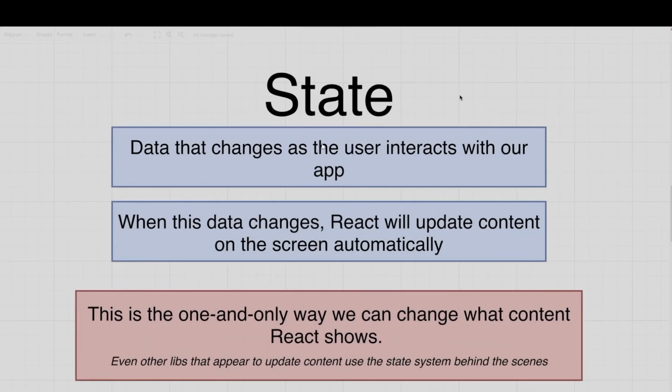So state is data that changes as the user interacts with our app. What does the state system do? It changes the data as the user interacts with our app.